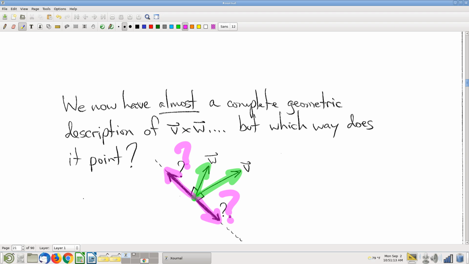By the way, we also know that the area of this parallelogram tells us the magnitude. So we know which way the cross product points. We know how long it is. We just don't know plus or minus, is it going that way or is it going that way? Right? So which way does it go? Of these two possibilities, which one is it?